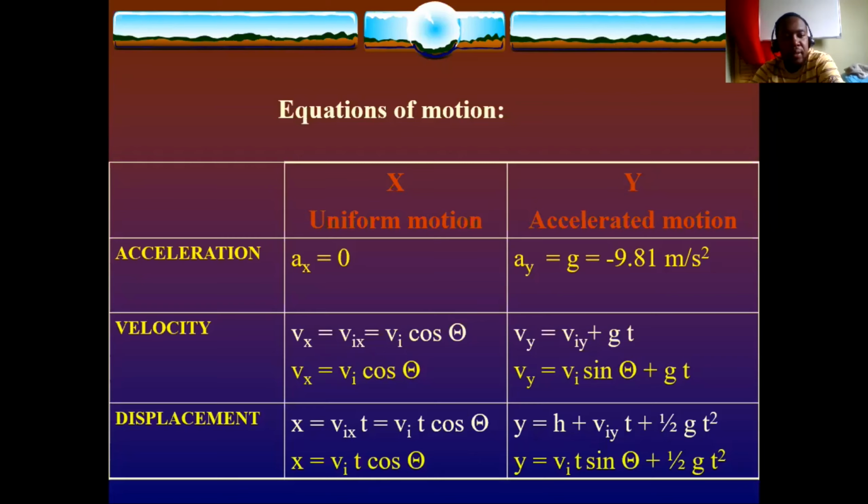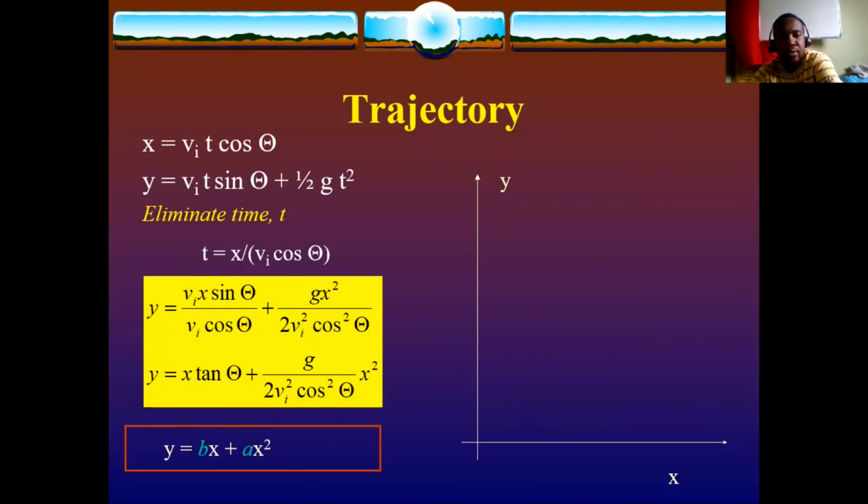And then your displacement would be x is equal to vit cos theta, and your y displacement would be vit sine theta plus half gt squared. Right? That also tells you your trajectory. Even for a complete parabolic motion, you get that equation there.